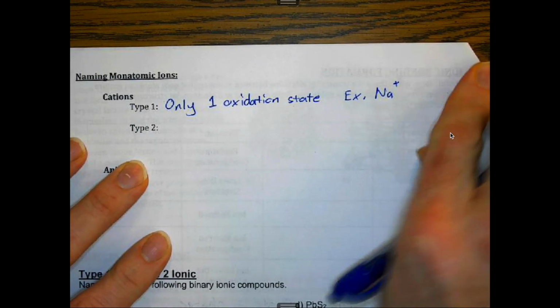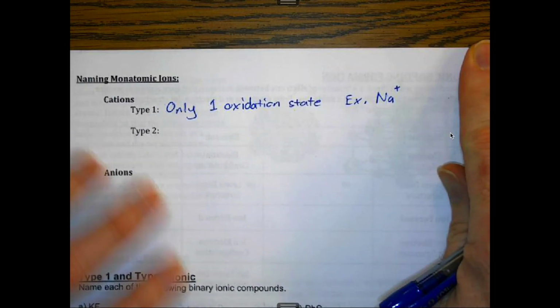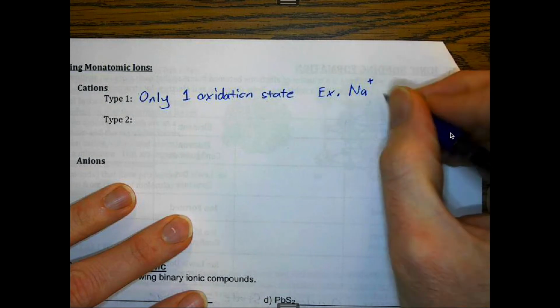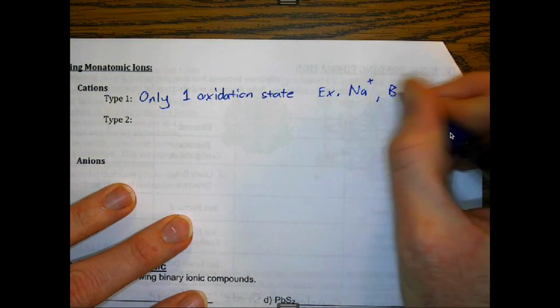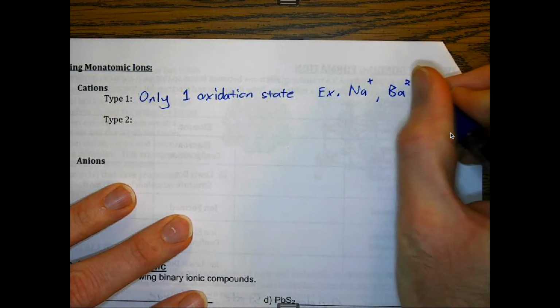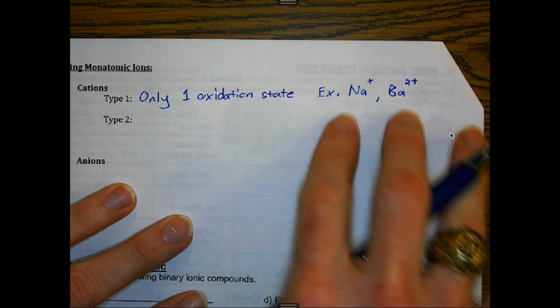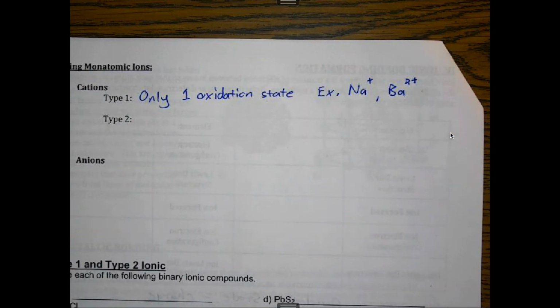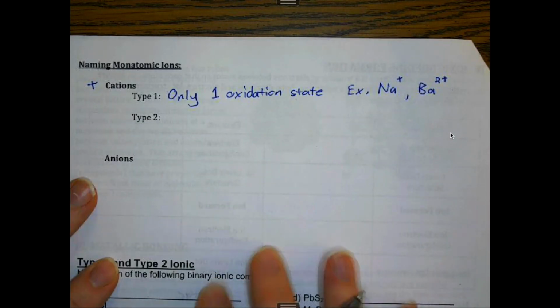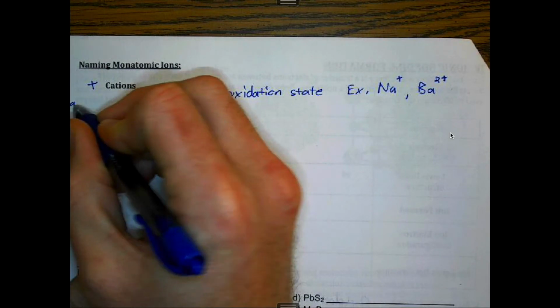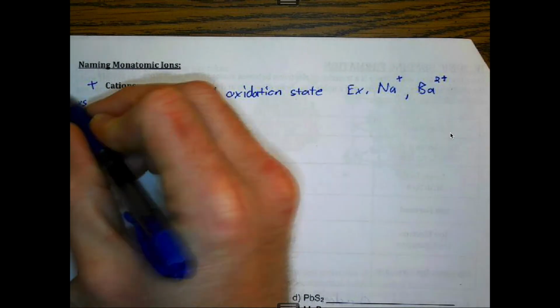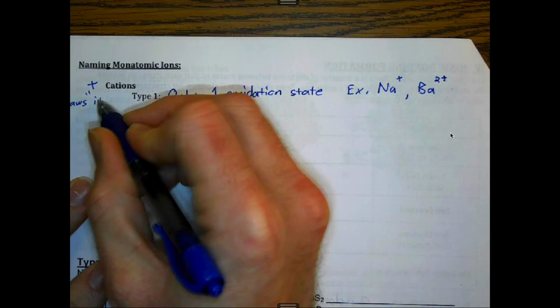The 1 is understood, so we'll just call it sodium plus. Or you could say barium, barium 2 plus. It will always be a 2 plus. So those are always going to be positively charged because cations are positive. Okay? Because a cat has paws, so it's positive, right?